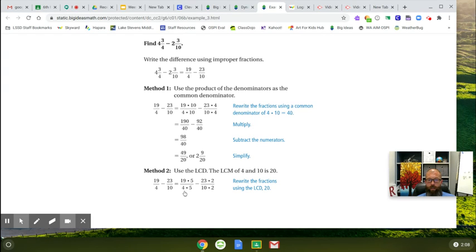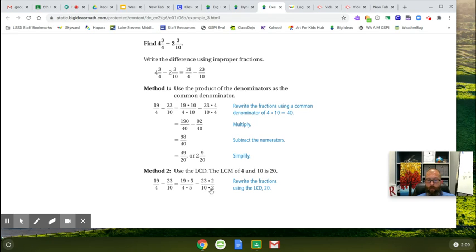In order to get to 20, I multiply 4 times 5. And since I did it to the bottom number, I also have to do it to the top number. That's why you see 19 times 5 and 4 times 5. Now minus, in order to get this denominator to 20, I have to multiply 10 times 2.